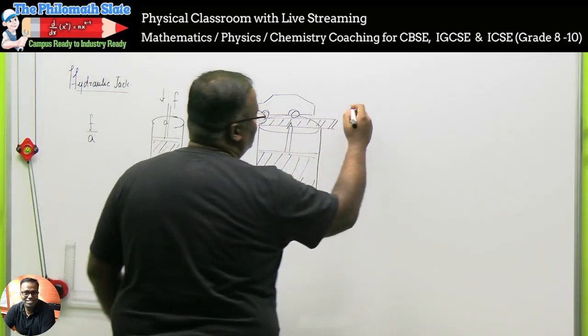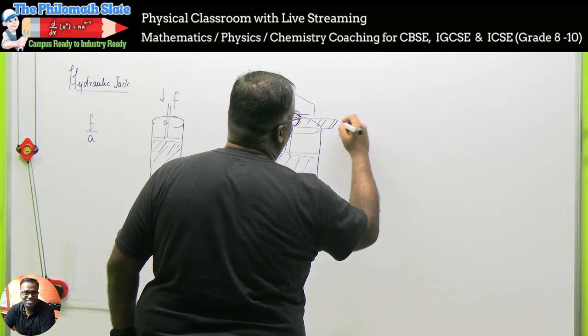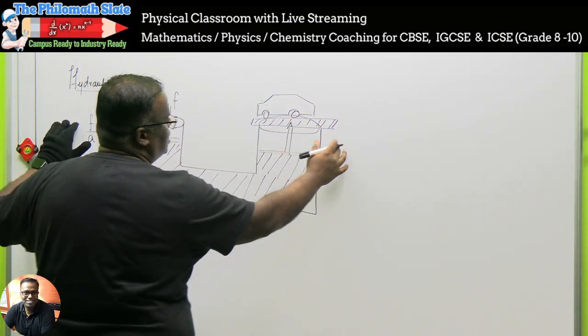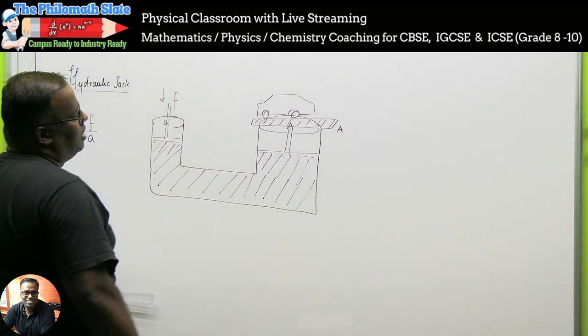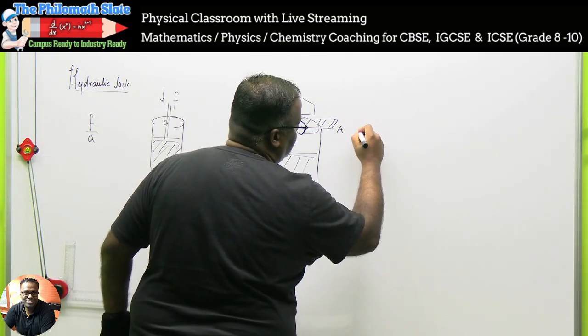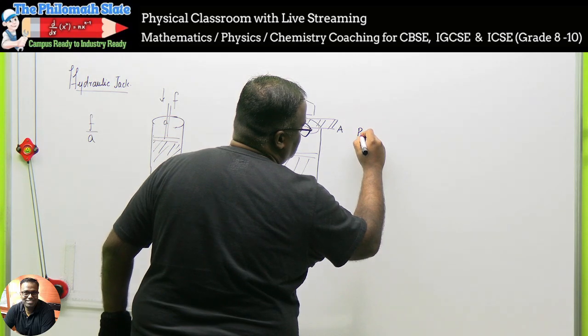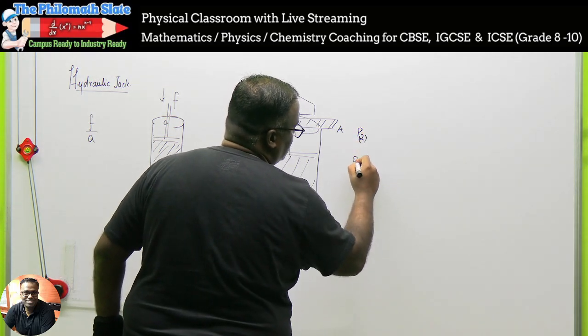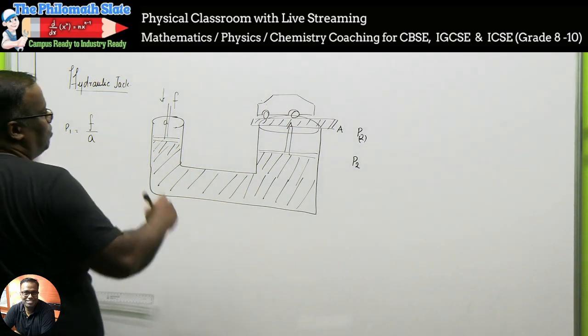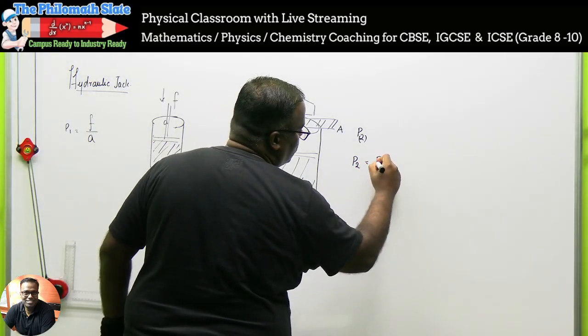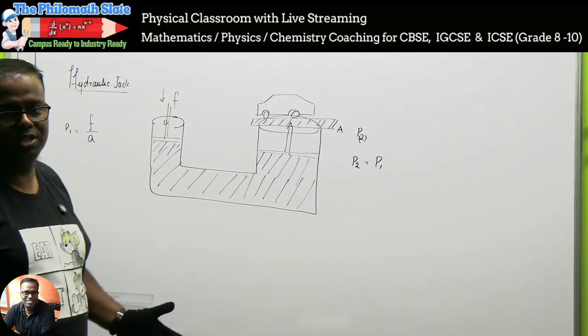So what is the pressure? The pressure here should be same as the pressure here. So let this area be A, and let here the pressure be, say, P2. This is say P1. P1 is equal to F upon A. P2 will be equal to P1 because liquid cannot be compressed.